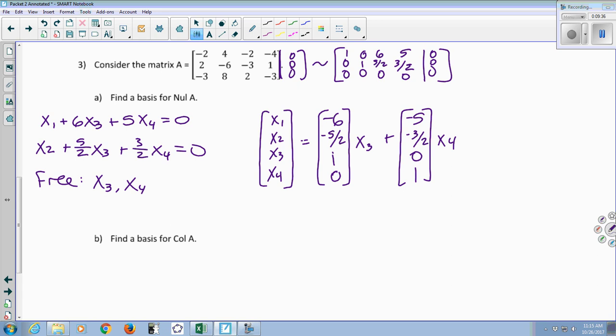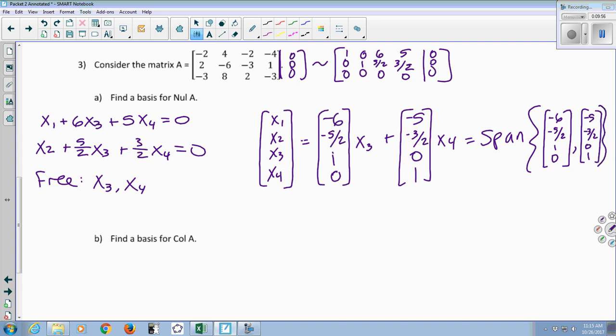These two vectors are a spanning set. Right? So this is the span because this is just the definition of span as a linear combination.